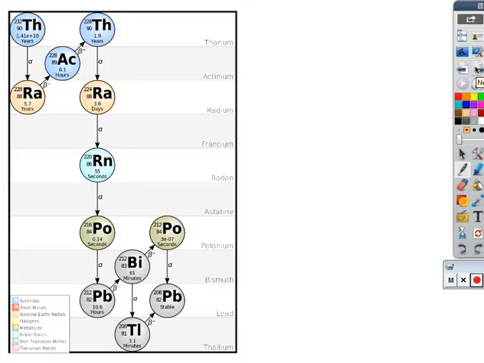This is an example of what's called the decay series. So there's thorium-232 at the start, and it shows all the decays that happen as it reaches the stable lead-208. Now we can write a decay series out in a different way that doesn't show any of the decays that happen.